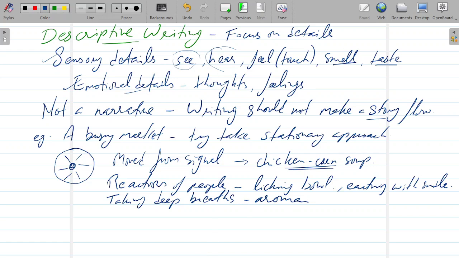Or what you can do, if you want to include this detail, for example, something that I've done earlier to explain to students, right? You're standing at the corner of the street and you're either eating or drinking something. So you have a cup of tea or coffee or juice or something, right?